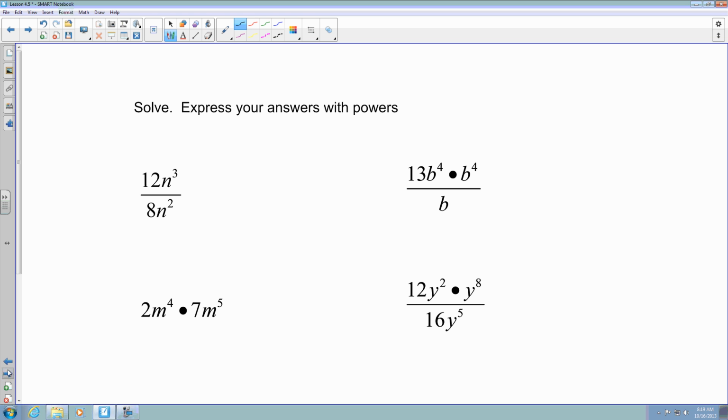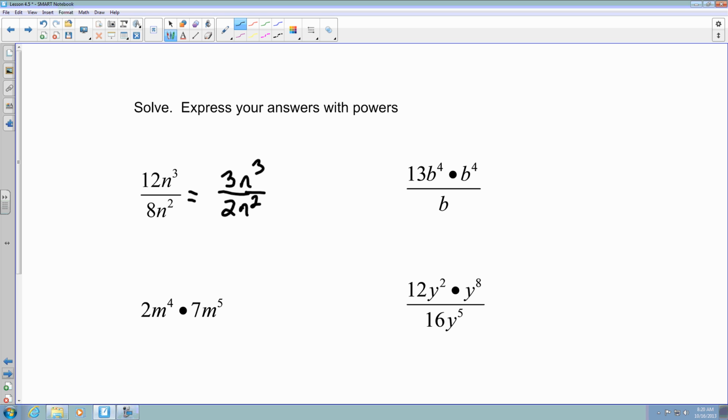The first thing I'm going to do is try to reduce this 12 over 8. I can divide both values by 4. So 12 divided by 4 gives me 3, and 8 divided by 4 gives me 2. Now all I'm left with is n cubed and n squared in my fraction.